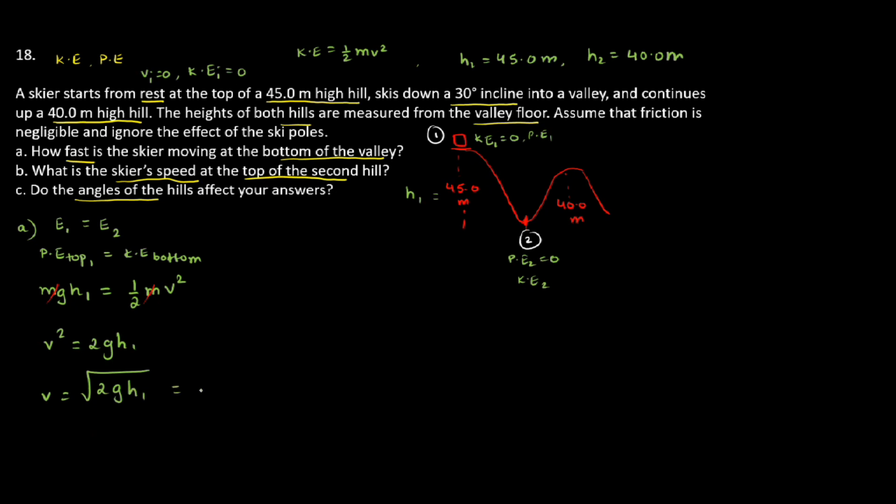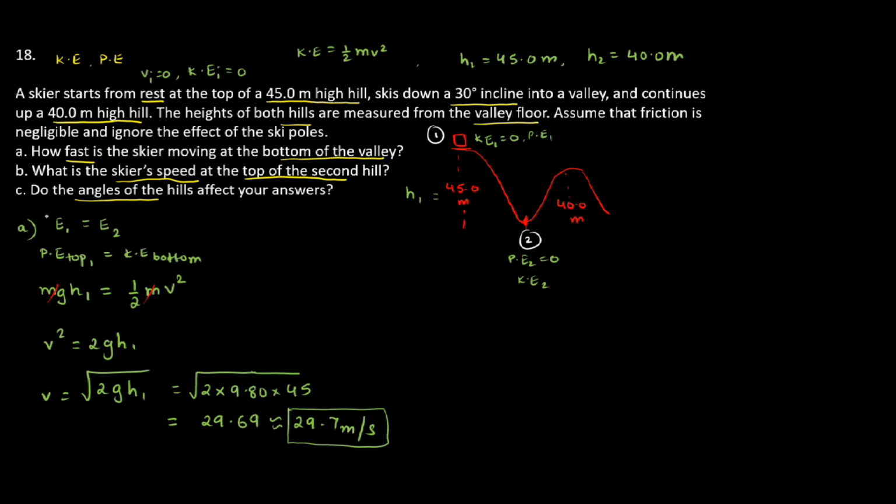And when you solve this, you get the speed at the bottom of the first hill as 29.69 meters per second, or 29.7 meters per second. So this is the speed of the skier at the bottom of the first hill.